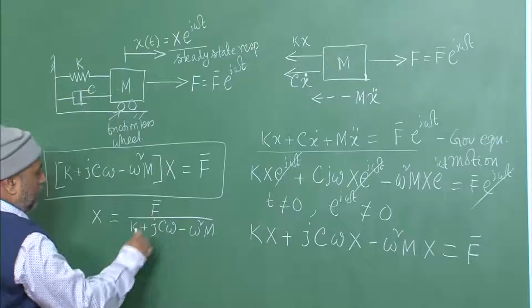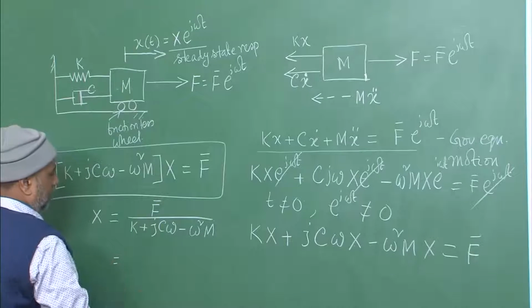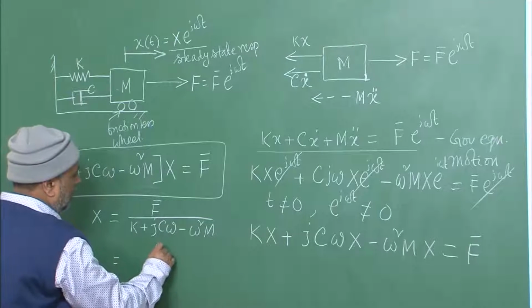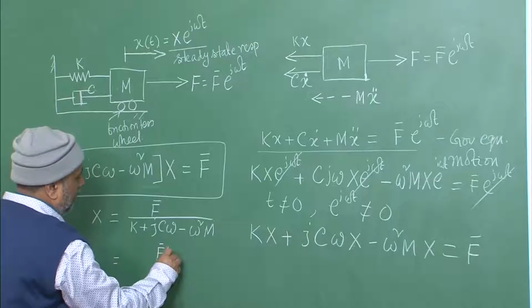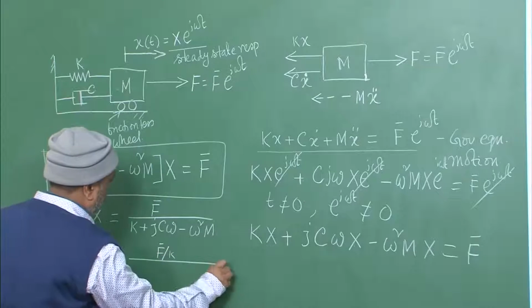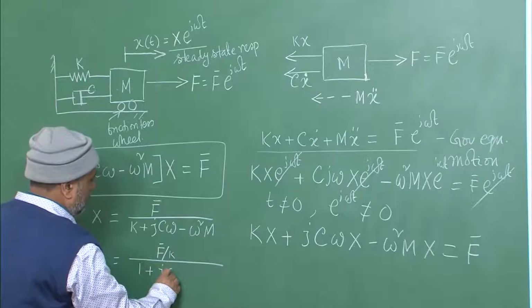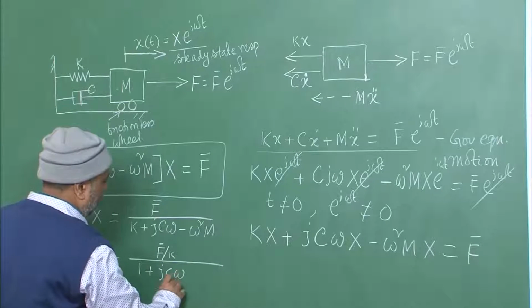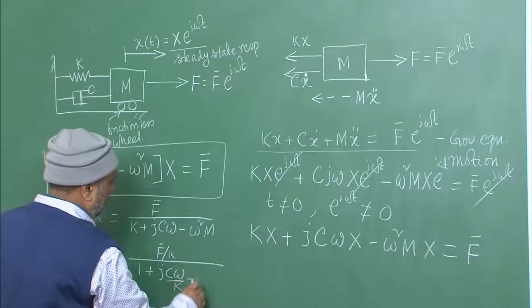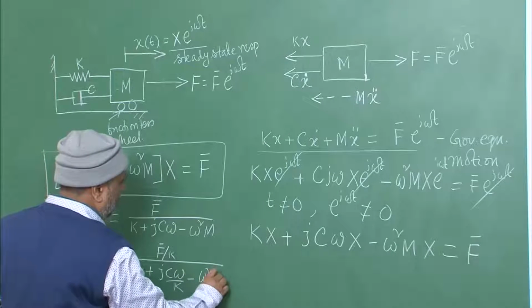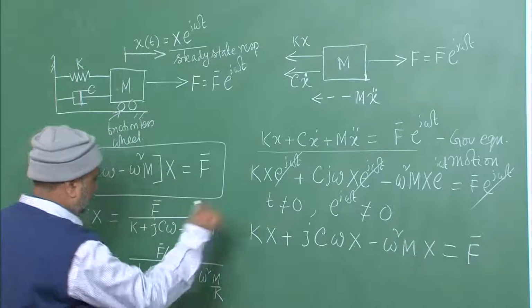And if I divide the numerator and denominator by k, it becomes 1 plus j c omega by k minus omega square m by k.